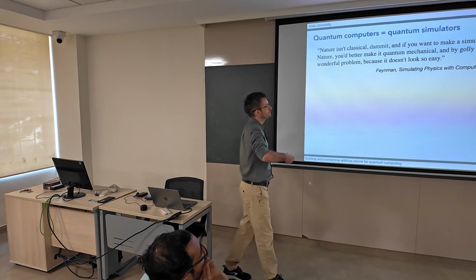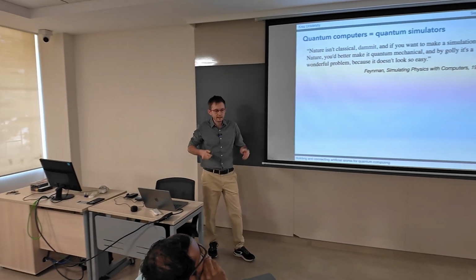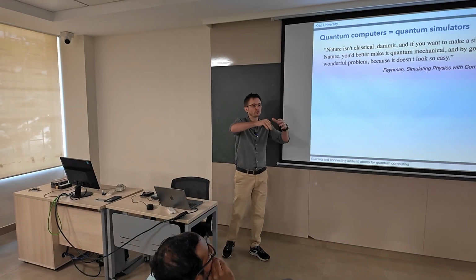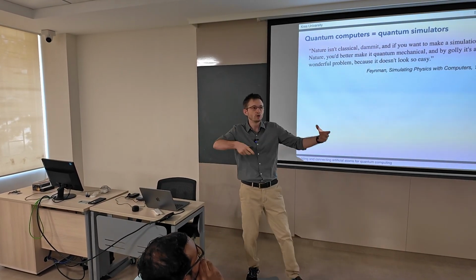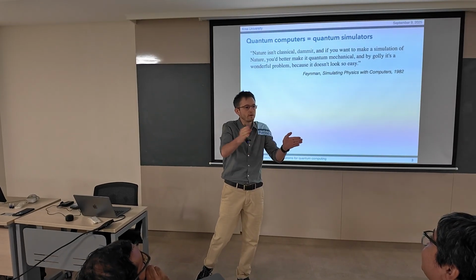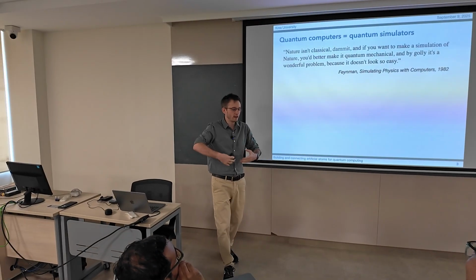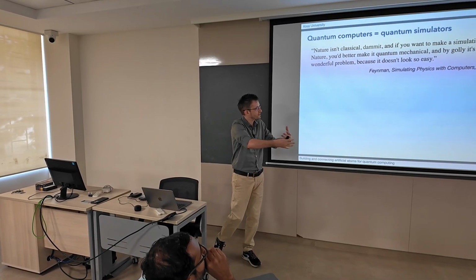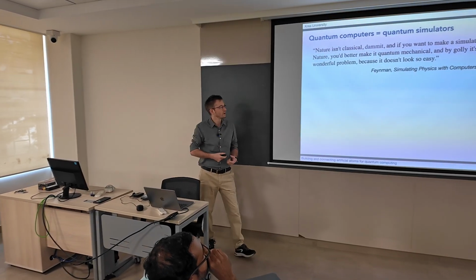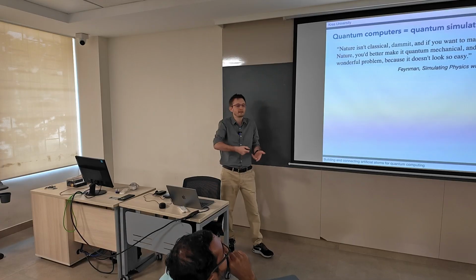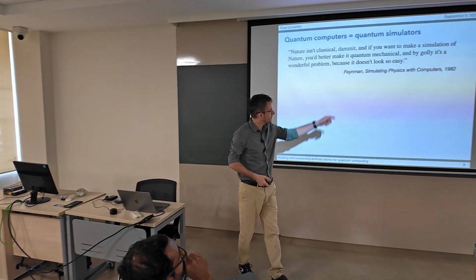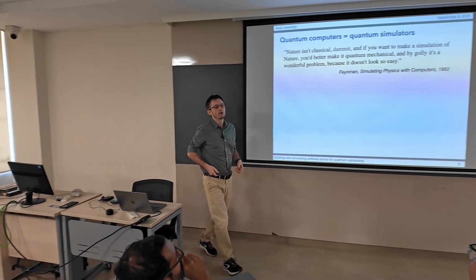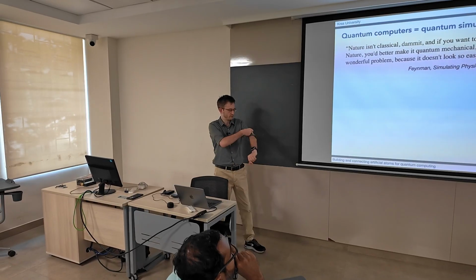The idea is basically that if you can map your real physical system to a quantum system made of bits, then you can reproduce the dynamics of the system you're trying to emulate, right? That was the initial idea Feynman had when he was talking about making a quantum computer with quantum systems.